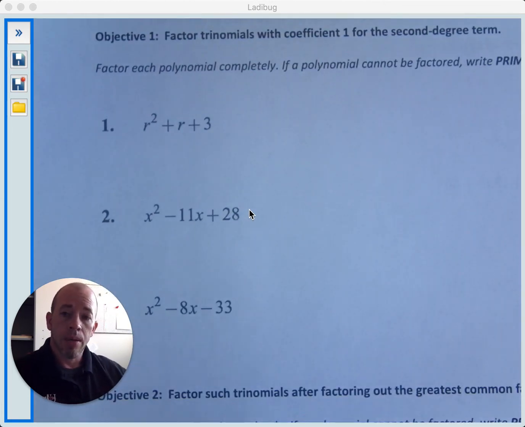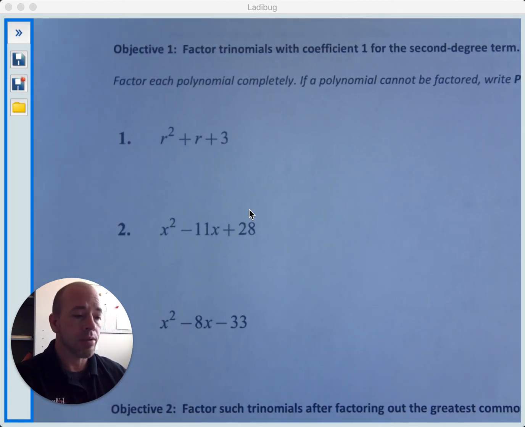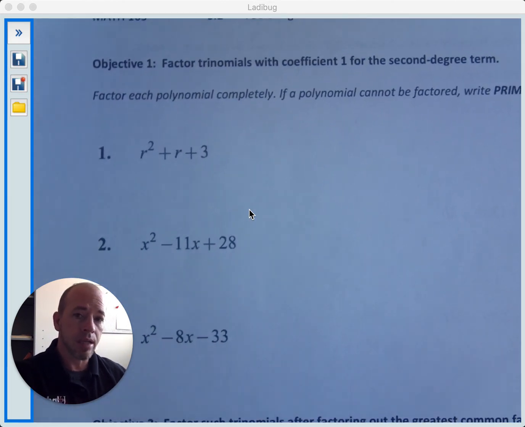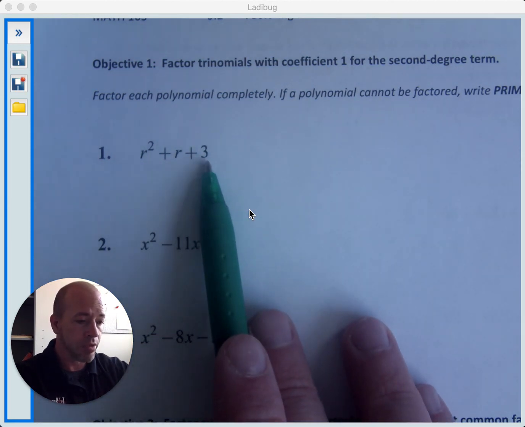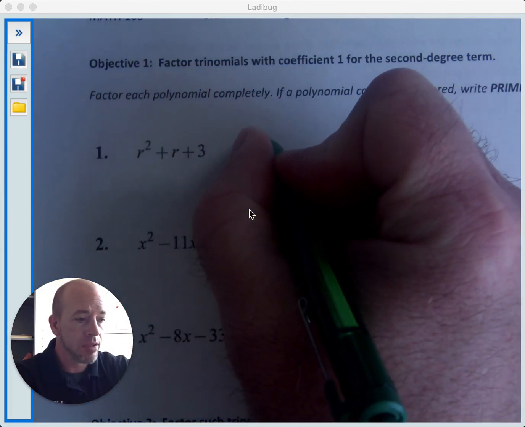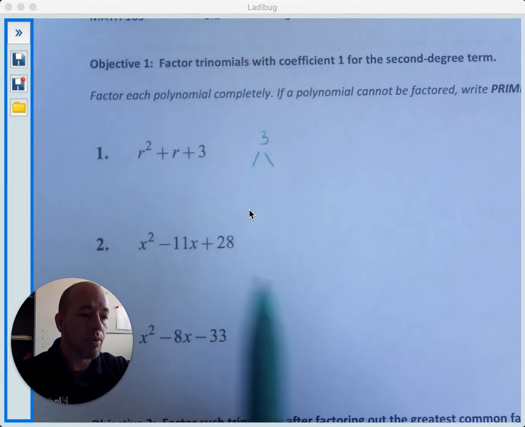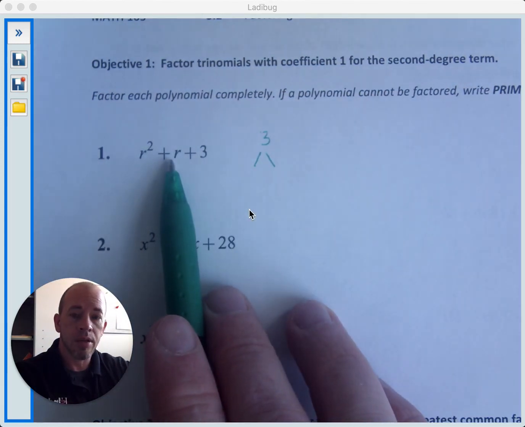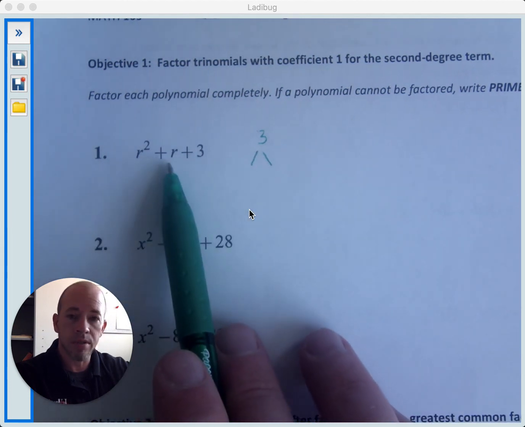Those tend to be the easiest, and the technique we can use to factor them is to take the last term, which is 3, and try to find two factors of 3 that will add up to the coefficient of the middle term, in this case just the single variable term.